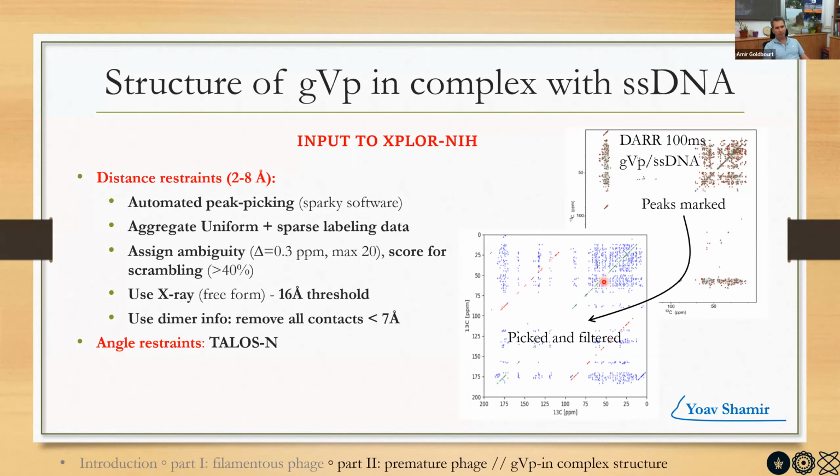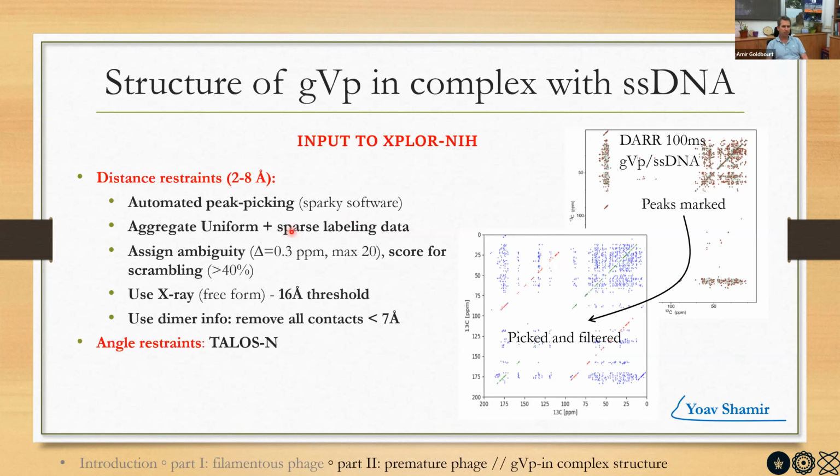Then we realized we must have at least one sparsely labeled sample. So we took a 1,3-glycerol sample, and aggregated the restraints from the uniformly labeled sample and the sparsely labeled sample, in a way that if you have a sparsely labeled restraint, which is less ambiguous than the uniform, then you drop the ambiguities from the uniform labeling and remain with the sparse labeling.